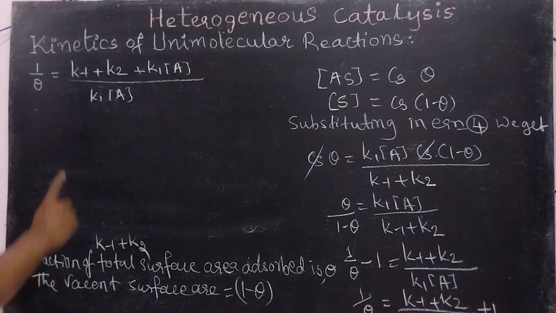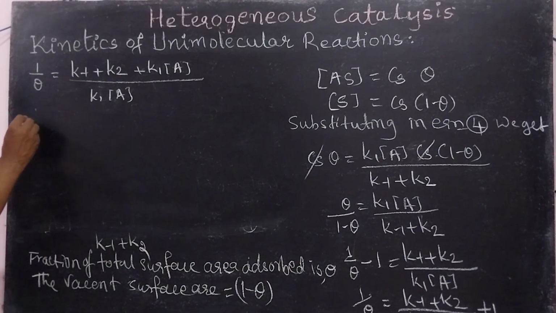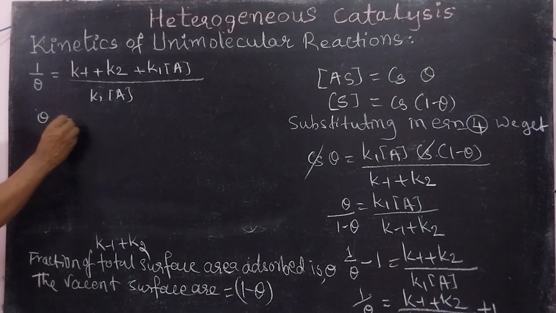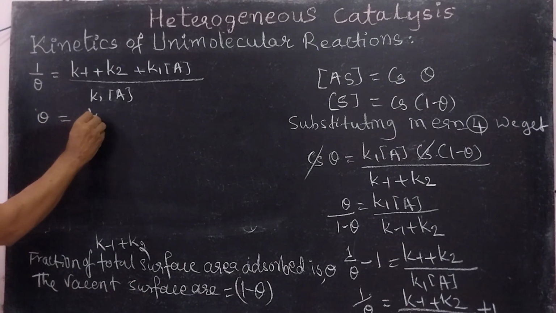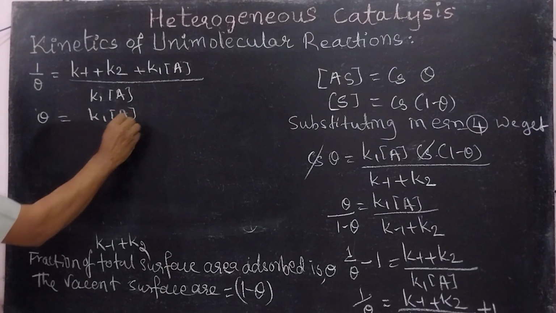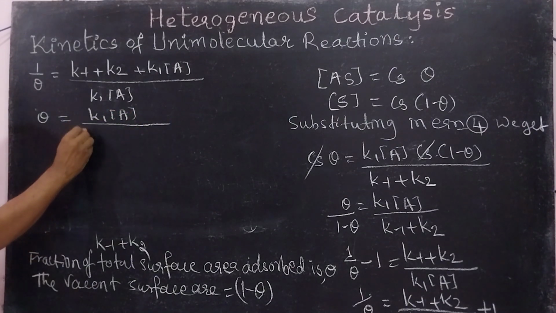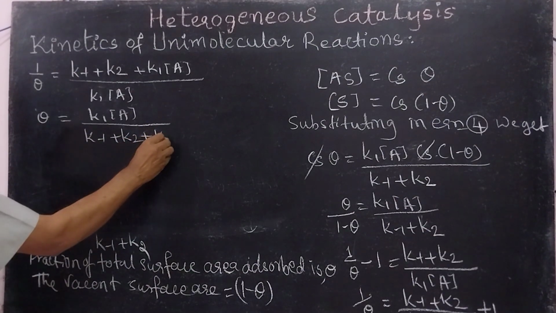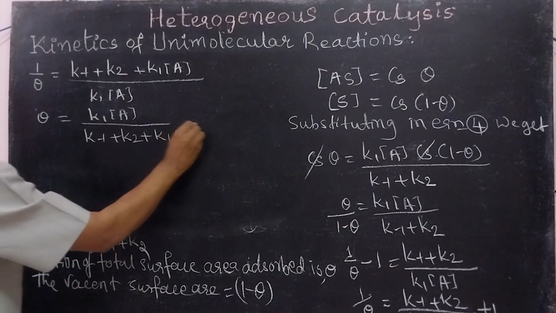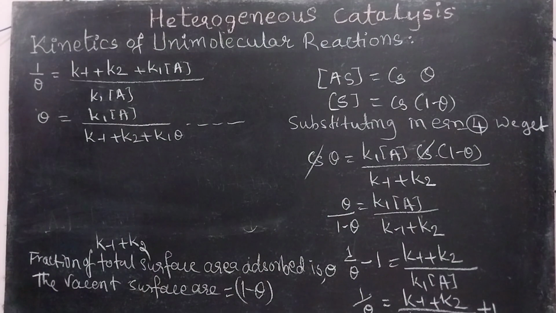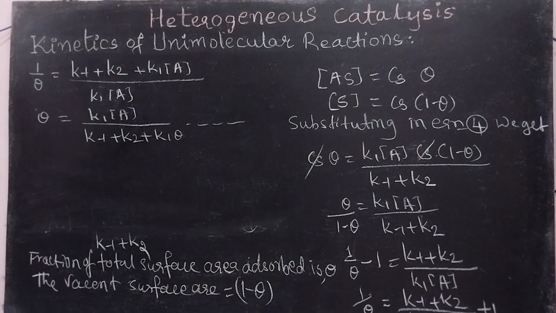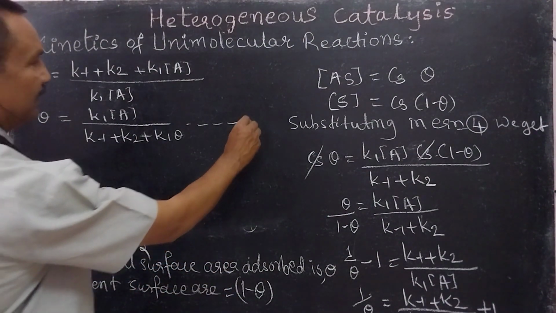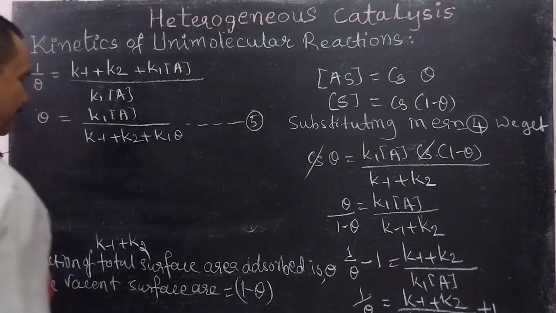Okay, then on inverting this, you are going to get theta equal to K1 concentration of A divided by K minus 1 plus K2 plus K1 into A. Suppose this is equation 4, and we may substitute this equation as equation 5.